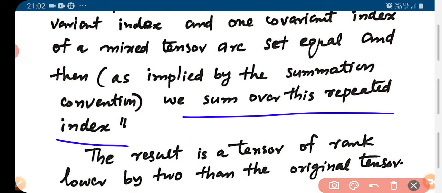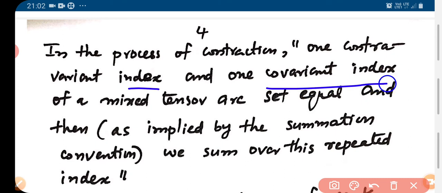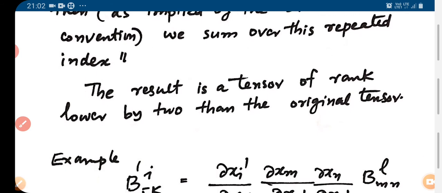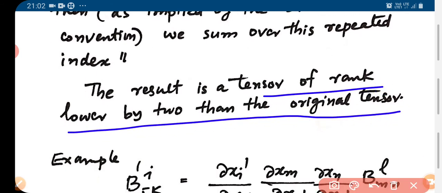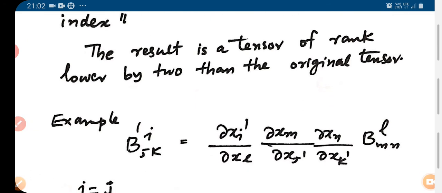So what we do is, one contravariant index and one covariant index are set equal, and then we sum over the index using the Einstein summation convention, and the result is a tensor of rank lower by 2 than the original tensor.